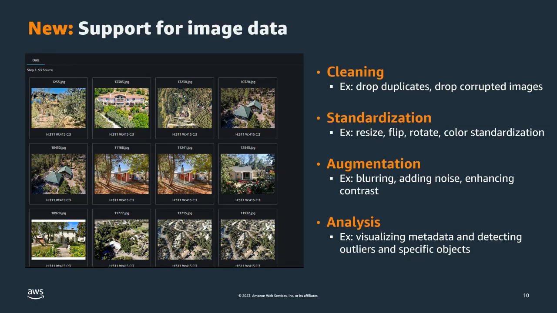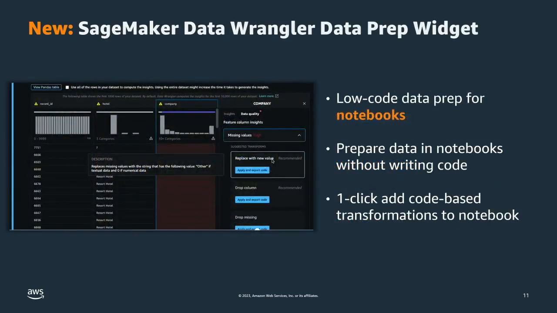This includes typical cleaning transformations, such as dropping duplicates and dropping corrupted images, and augmentation transformations such as blurring, enhancing contrast, etc.